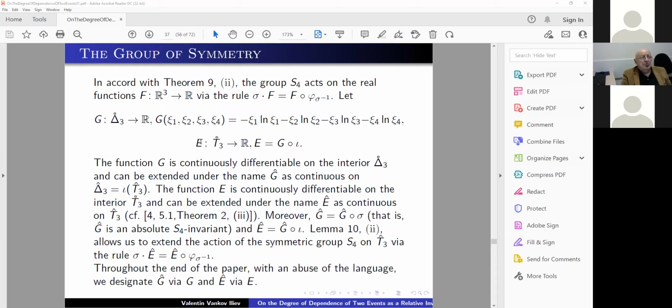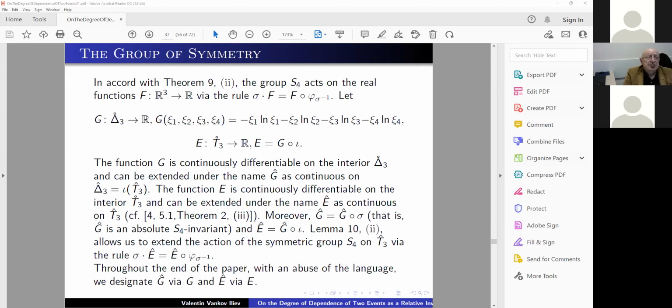Then this function G is continuously differentiable on the interior and can be extended, under the name G hat, as continuous on delta 3 hat, which is the image via iota of T3 hat. And then the function E is continuously differentiable on this interior.